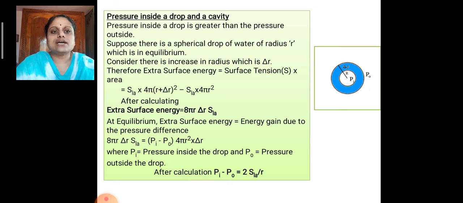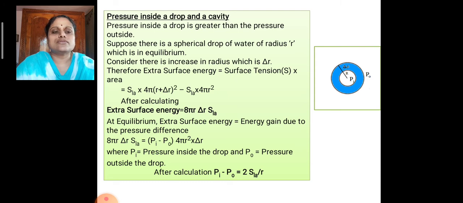Therefore, the extra surface energy is equivalent to surface tension into area. Surface tension is denoted by S, and the increase in area is given by 4 pi into (r plus delta r) whole square minus 4 pi r square.